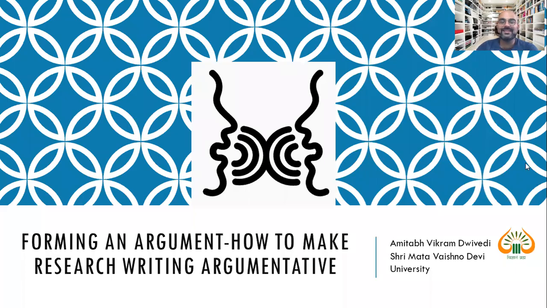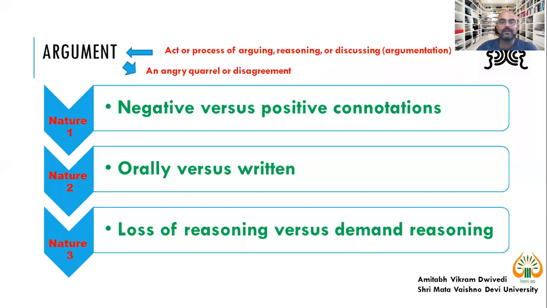Hi, in this lecture, we will discuss what an argument is, how to form an argument, and how to make your research writing argumentative. When we look at the word argument, we find that it is an ambiguous word. Yes, argument has more than one meaning.